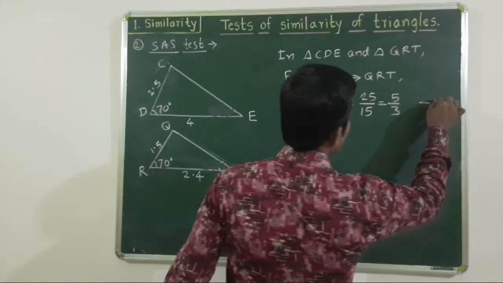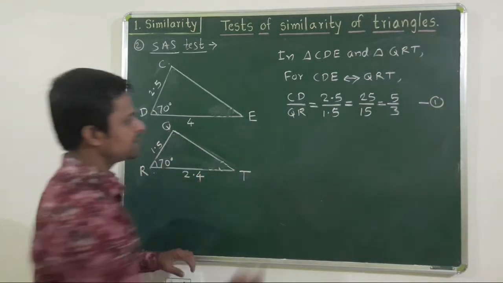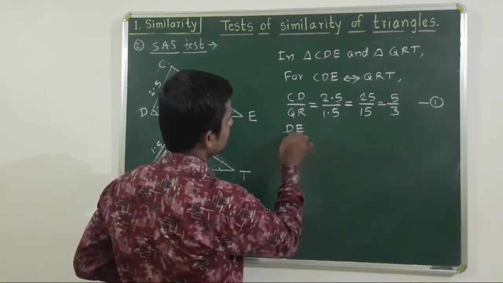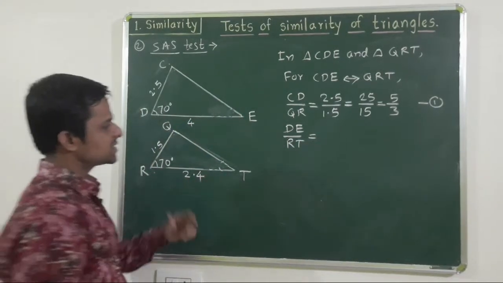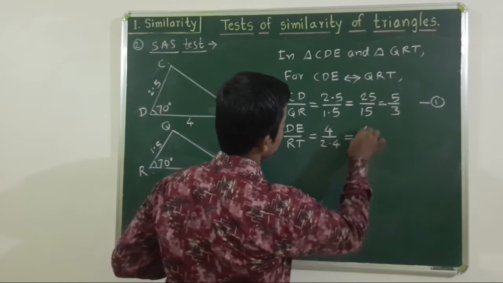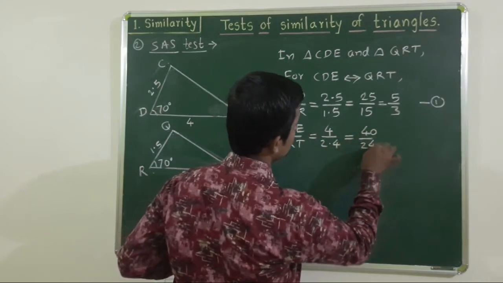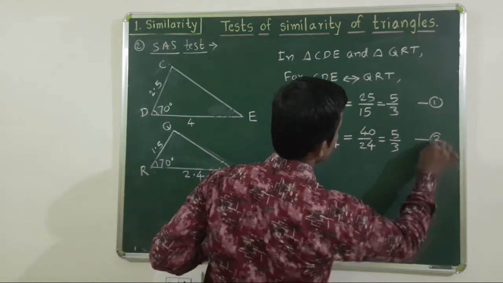Suppose this is number 1. Another pair, that is DE upon RT. DE is given as 4 and RT is given as 2.4. That is 4 upon 2.4, that is 40 upon 24, that is 5 upon 3. Statement number 2.